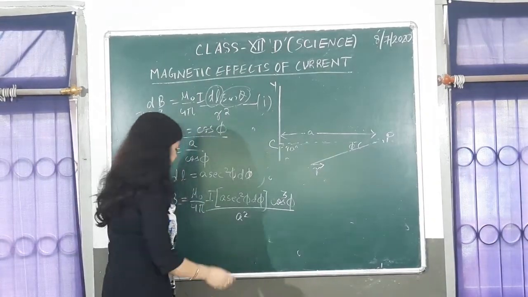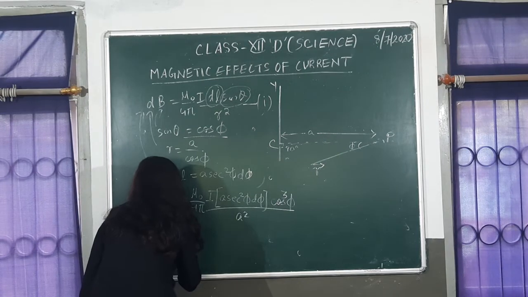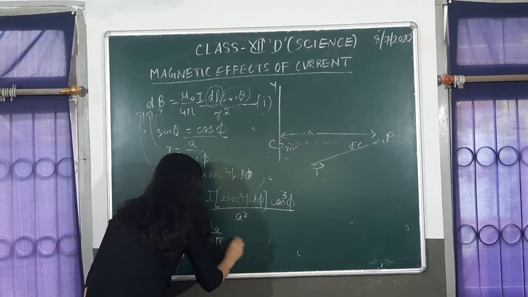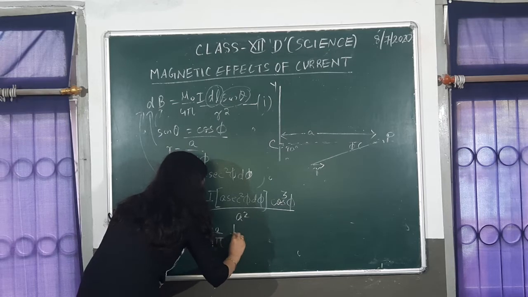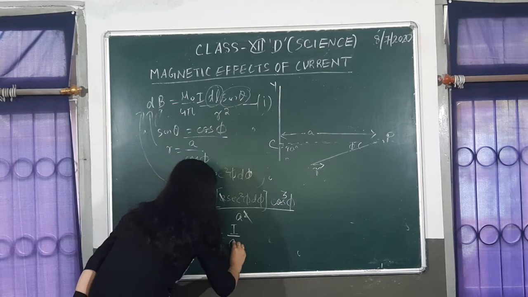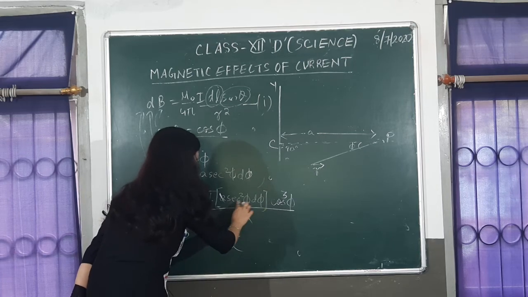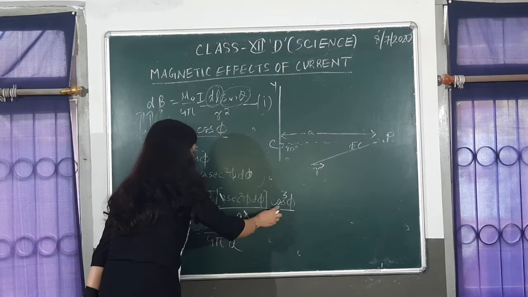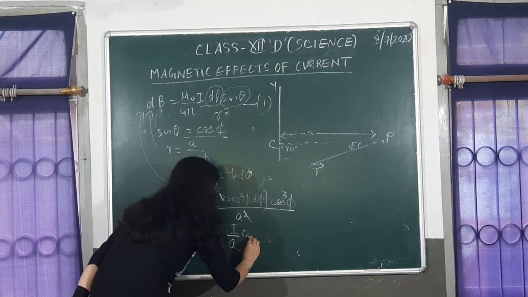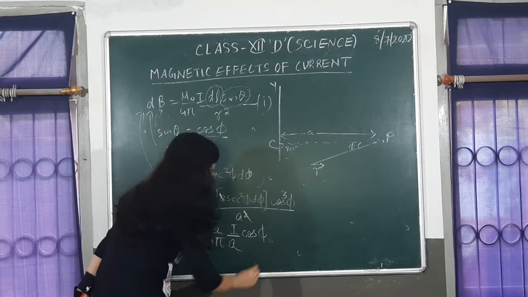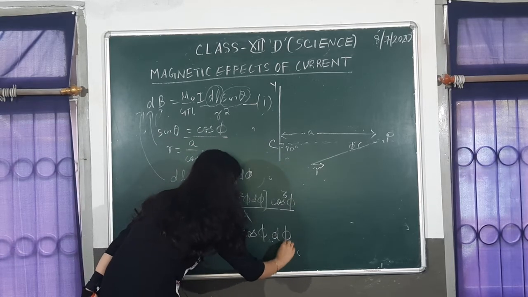So we will be just left with dB is equal to mu naught by 4 pi I. A gets cancelled here, I by A remains here, sec square and cos square reciprocals cancel out. So I will be just left with cos phi, and of course we have d phi.